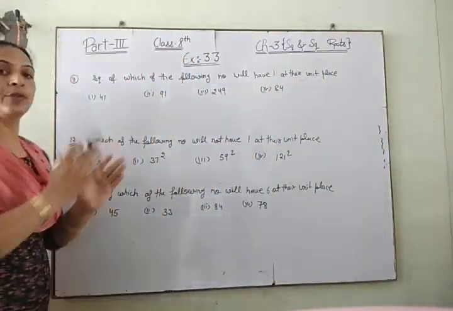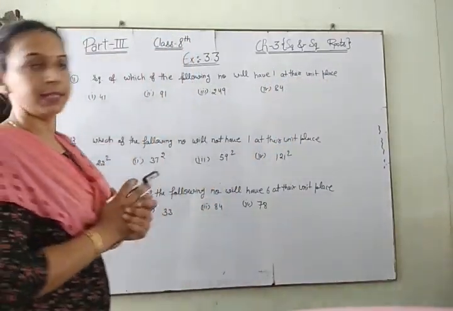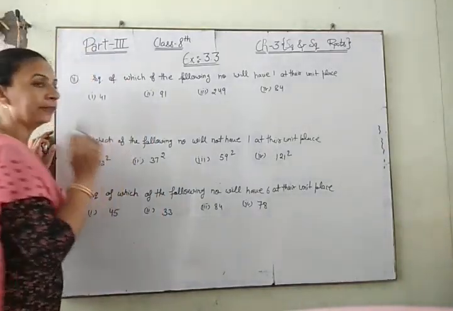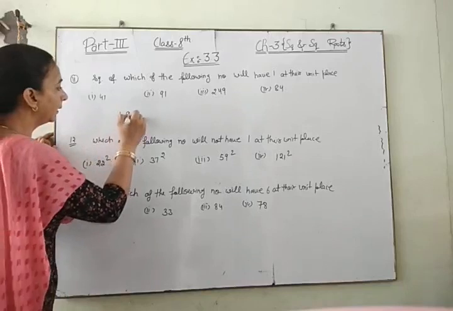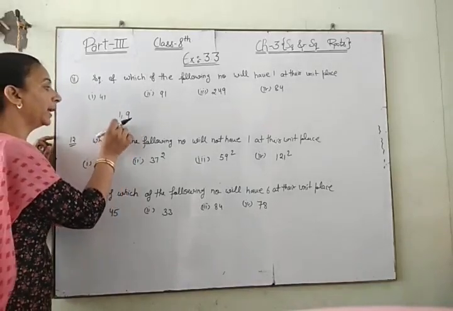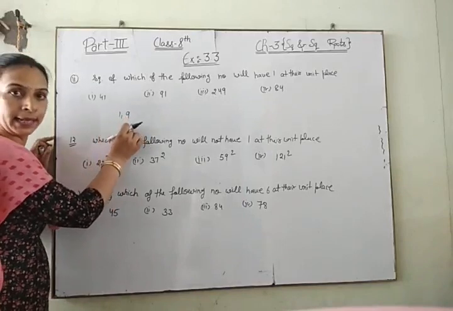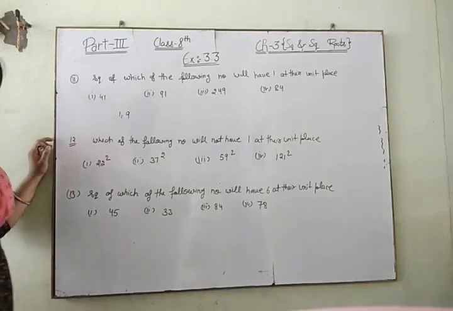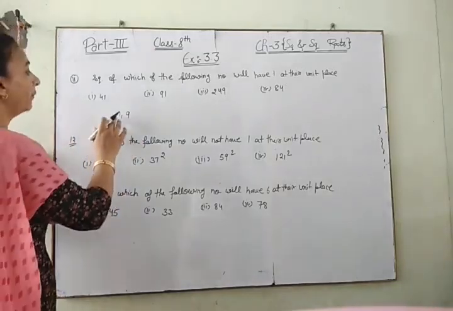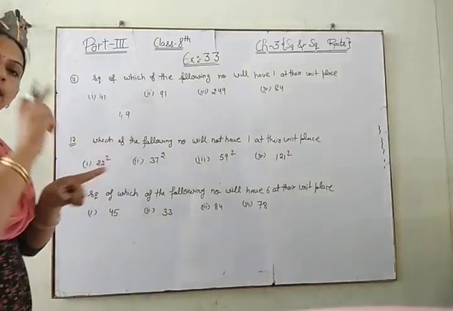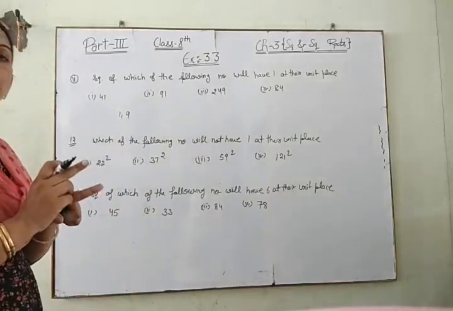Students, if any number ends with 1 or 9, that means the unit place of the number is 1 or 9, then the unit place of the square of that number is also 1. Always 1.